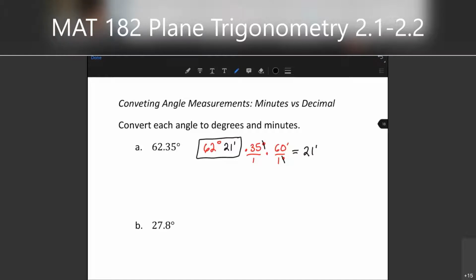All right. Are there any questions with part A there? Okay, go ahead and take a moment to convert part B. I'll give you guys a few moments to do so. And you're welcome to put your answer in the private chat if you want to get a response either way.